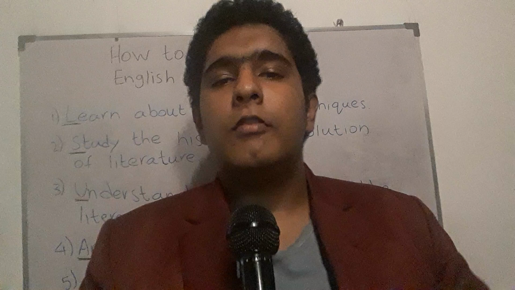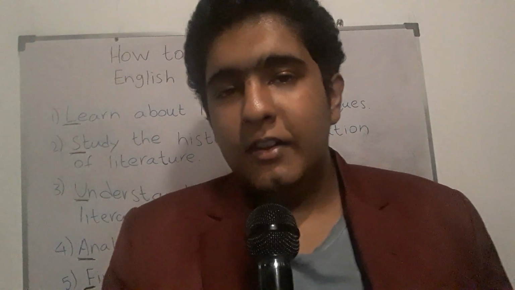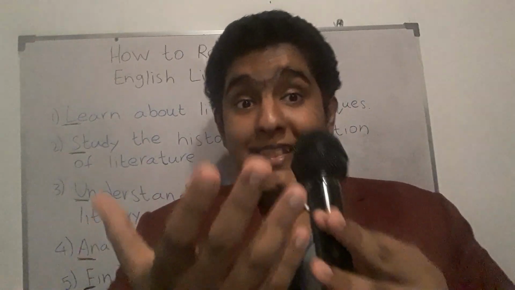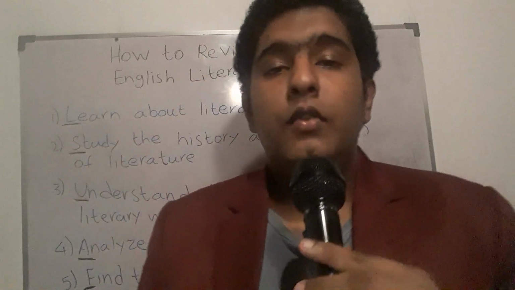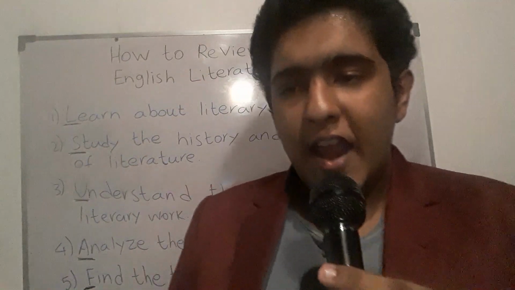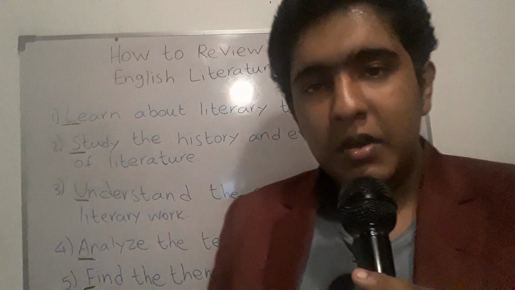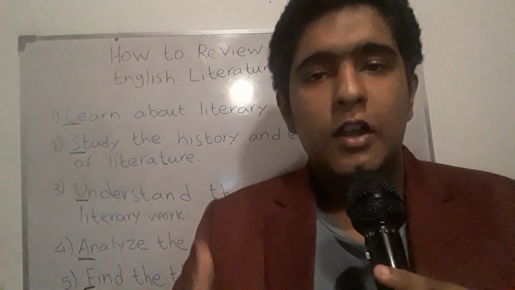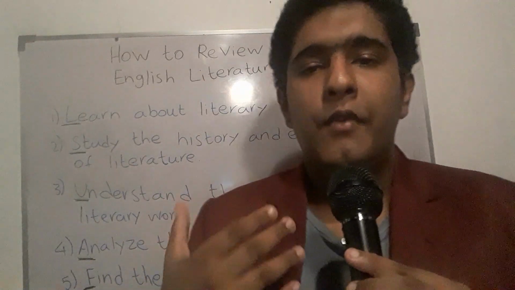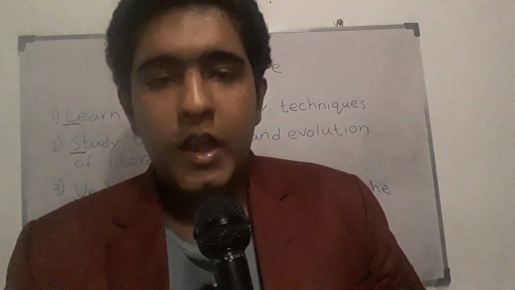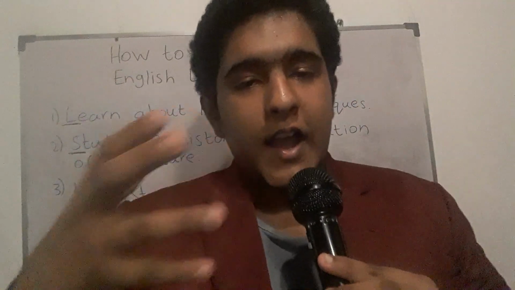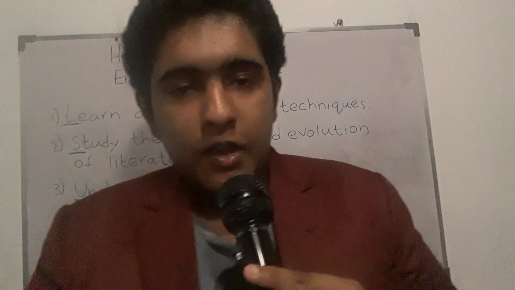We have so many literary techniques in the field that you cannot just use these 10 fingers to count them. Each and every literary technique has its own meaning. Of course, I cannot go into detail about those right now because I have very limited time with you guys. Therefore, I'll tell you about that in another video.